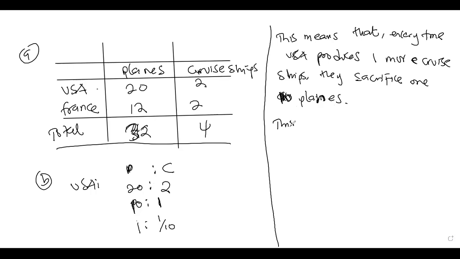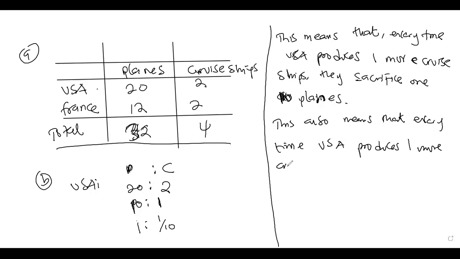This also means that every time the USA produces 1 more plane, they sacrifice 1/10 of a cruise ship.